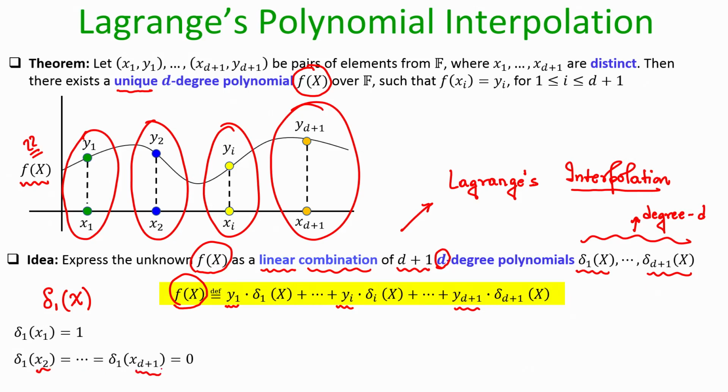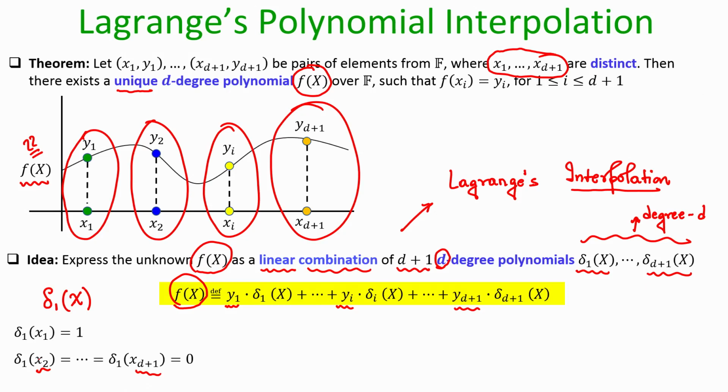That means, you are given d plus 1 number of x elements. This delta 1 of x polynomial has all the elements except x 1 as its roots. That means, if you evaluate this delta 1 polynomial at x equal to x 2, you will get the value 0.